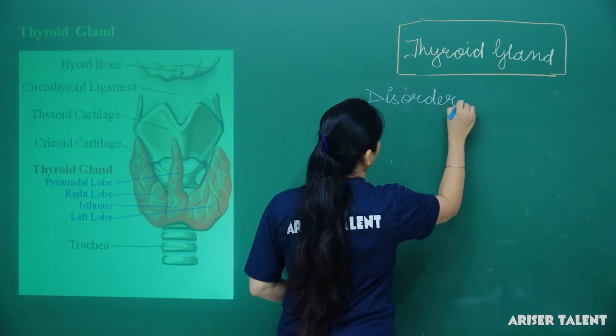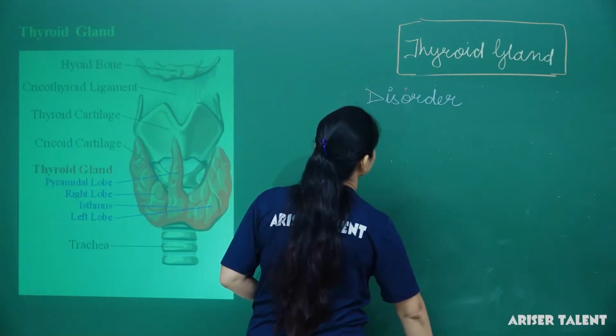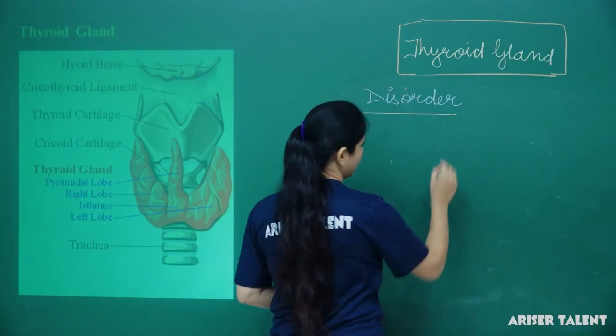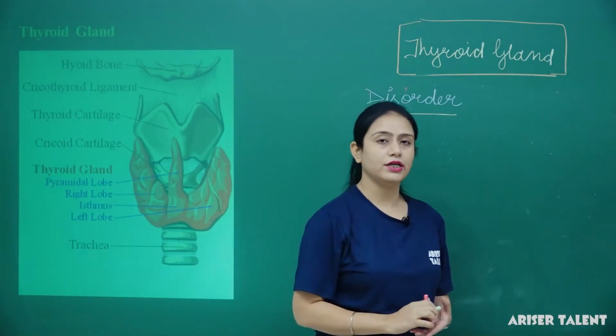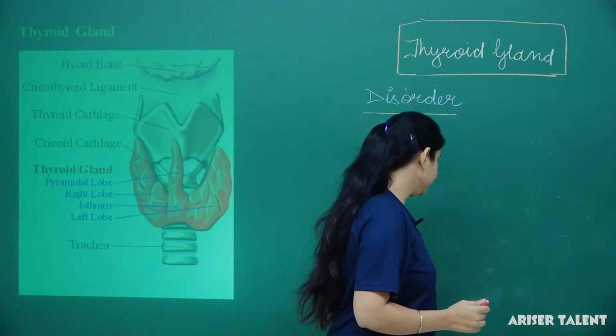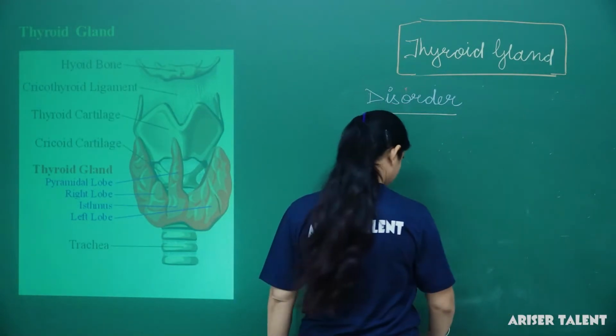What are the disorders? So, improper secretion of the thyroid hormones causes the following changes in the body.